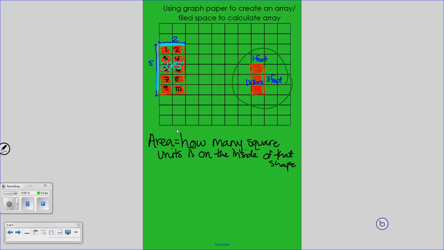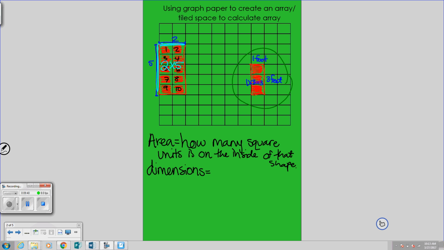But you could have a square. You could have just a crazy shape that you have to figure out. And again, we say how many square units. It could be square feet. It could be square centimeters. It could be square miles, depending on what you're using to measure. I think most of you use feet today, is what I saw when I looked around.